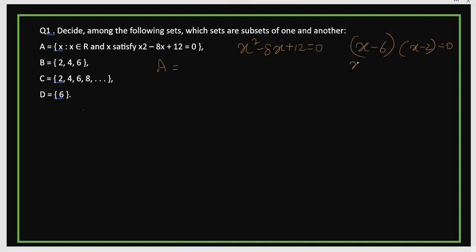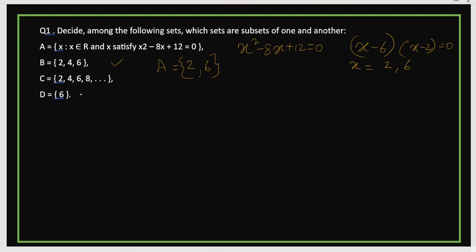So x equals 2 or 6. This is the solution set, so A is {2, 6}. What is B? B is {2, 4, 6}, and C is {2, 4, 6, 8, ...} and all the even numbers.